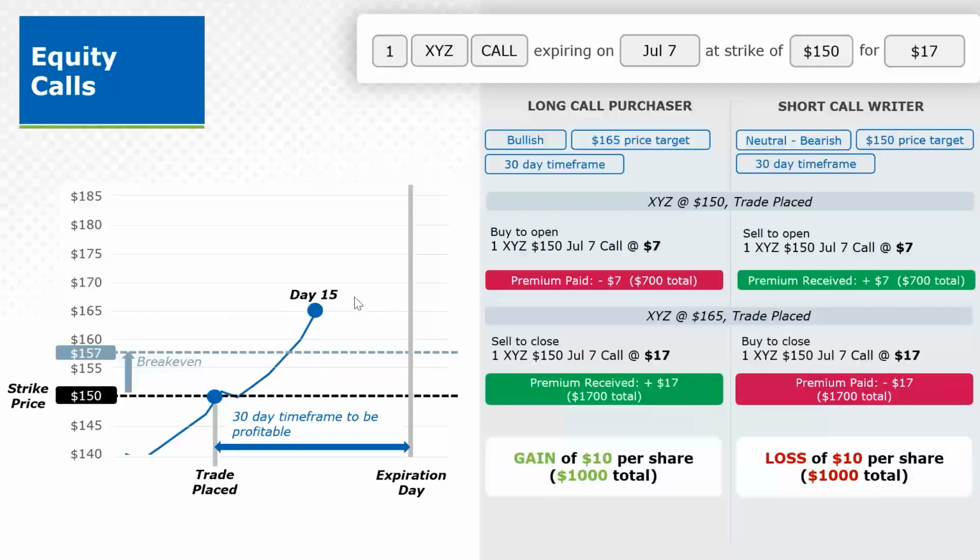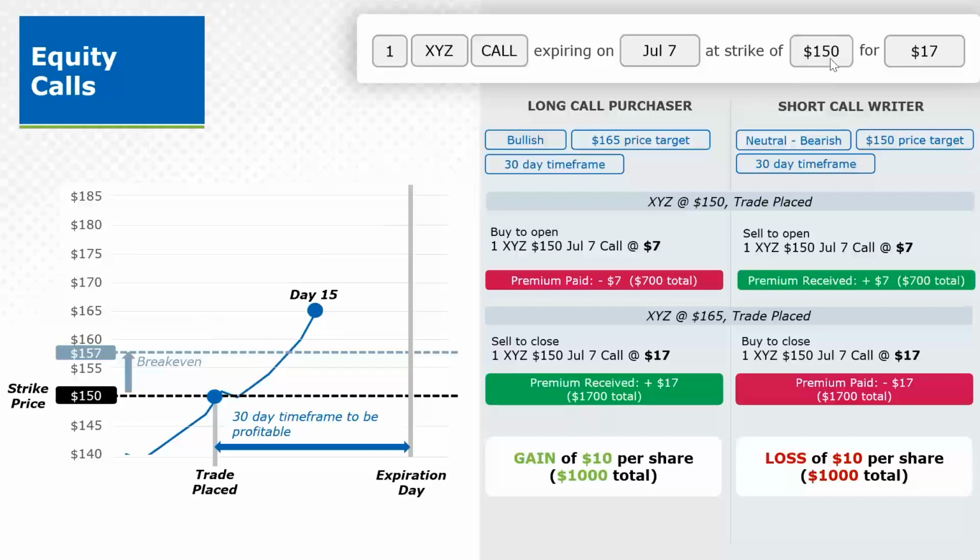And let's say at day 15, the underlying stock actually rallies to $165 per share. So what happens here? Well, the value of the premium of the option will actually change, right? In this case, it's worth $17. And that can be calculated by looking at how far in the money that call option is.